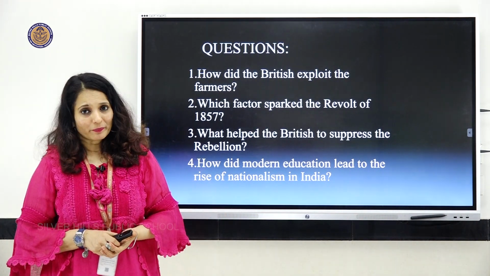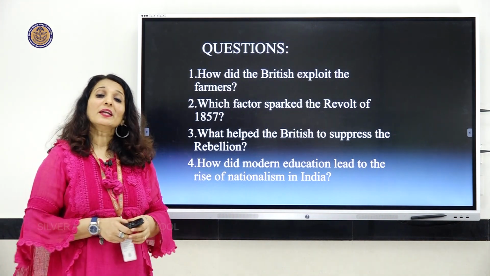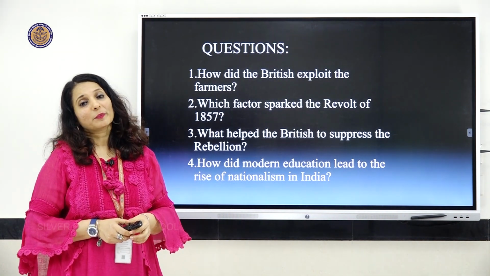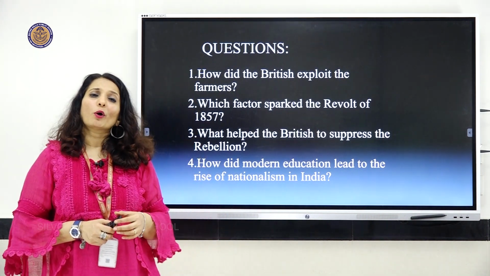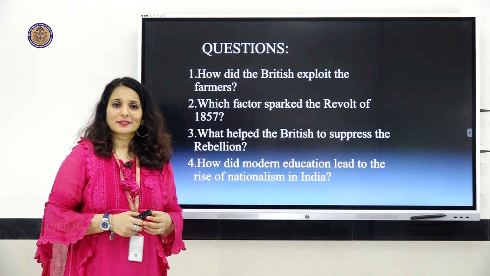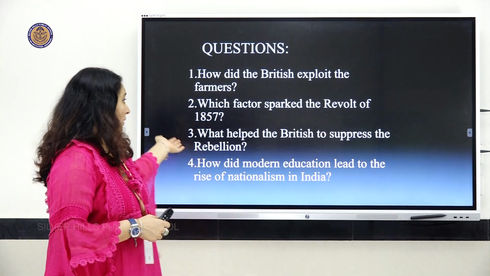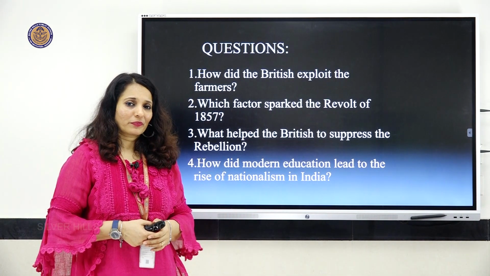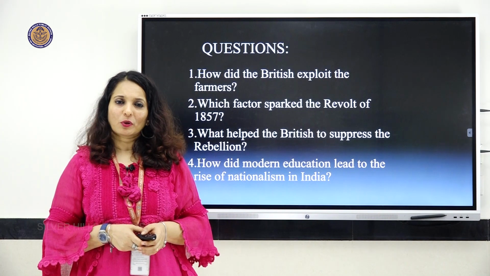Once the Indians became educated, once they started going to the universities, the Indians realized that the British were exploiting them. So, this feeling of unity among the Indians, this feeling that they were exploited, led to the rise of nationalism, and it also led to the formation of the Indian National Congress.